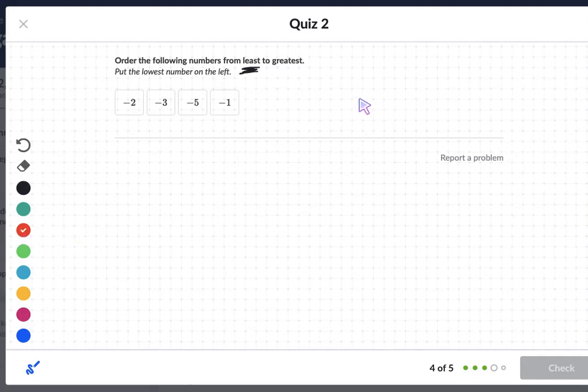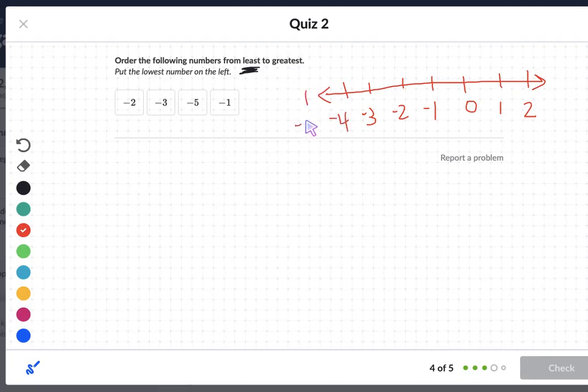Okay, if you are somebody who needs a number line, then this is a great problem to use a number line on. These are easy numbers. They're not too big. You can go ahead and set up your number line. These are going in reverse order. So what you can do is just plot those numbers. -2 is over here, -3 is over here, -5 is over here, and -1 is over here.